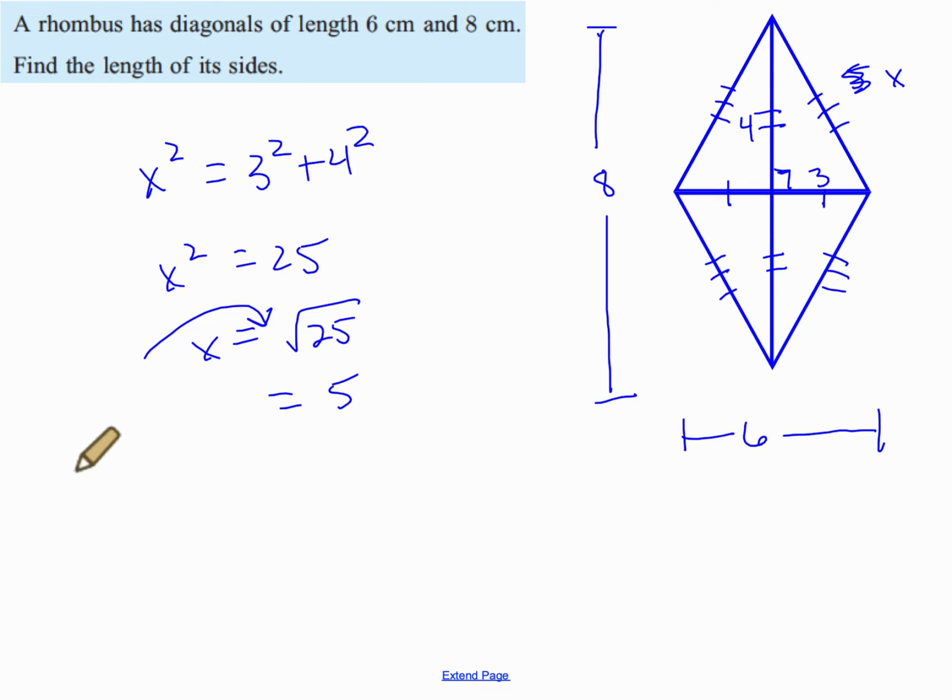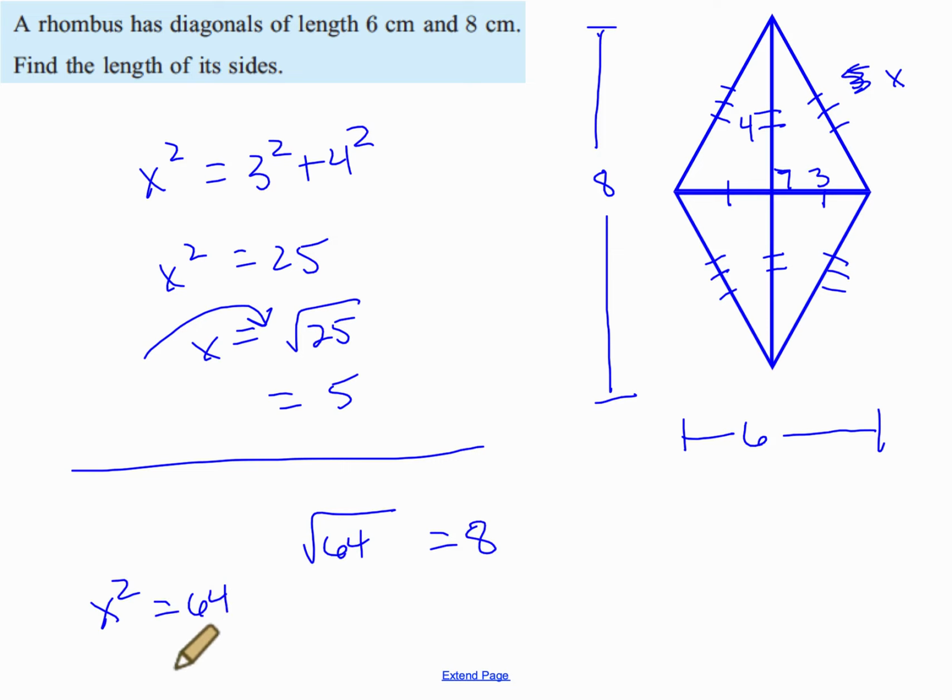By the way, just so you know, when you are simply finding the square root of a number, you just have to find it. Square root of 64, that is equal to 8. When you're solving x squared equals 64, then you're saying, what are the possible answers? Well, the possible answers in this equation would be plus or minus 8.